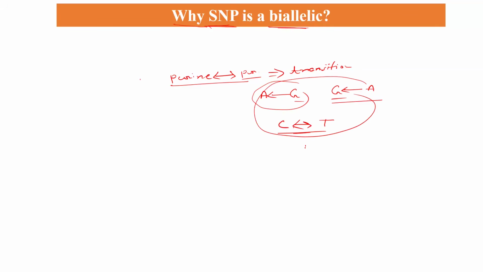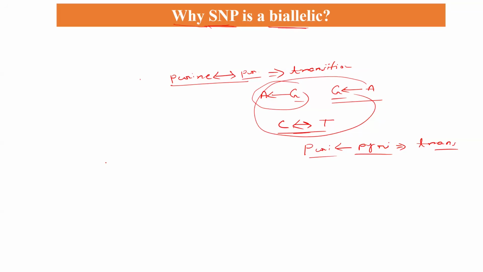Transversion means a purine is replaced by a pyrimidine.